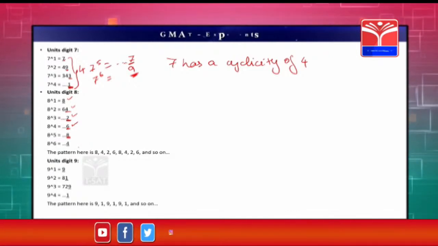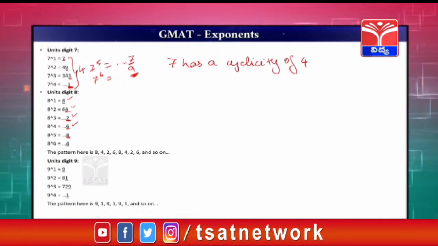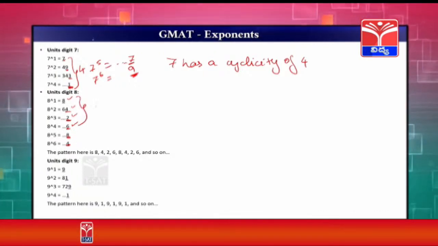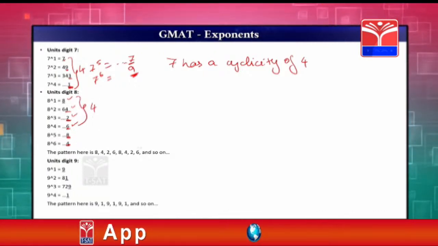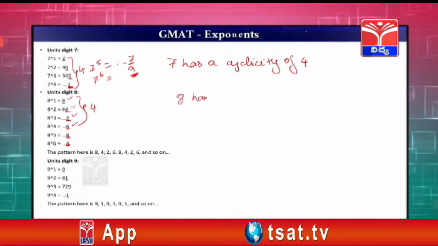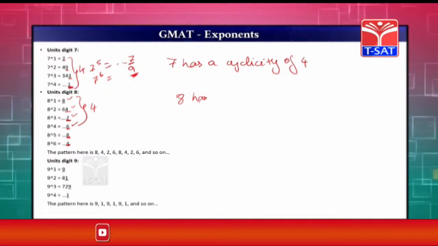And 8 to the power of 6 is 8 times 8, which is 64, with 4 at the units digit. So this also repeats itself after every 4 numbers. 8 has a cyclicity of 4 and the pattern is 8, 4, 2, 6.